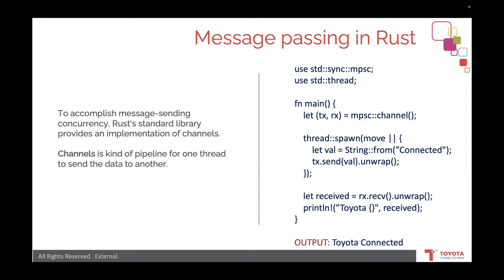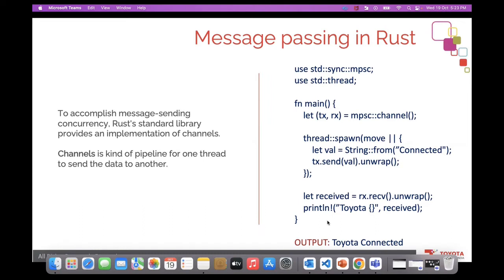And in the main thread, we receive that message and print the "Toyota connected" here. So it is the example where we send the connected string from the child thread and receive it in the main thread, and it gives thread isolation as well.